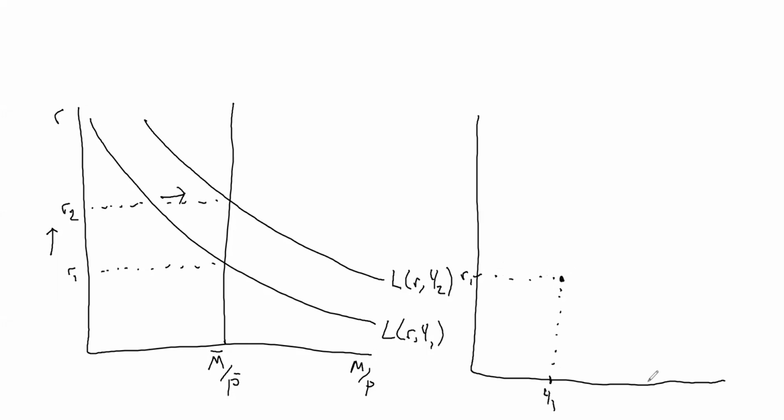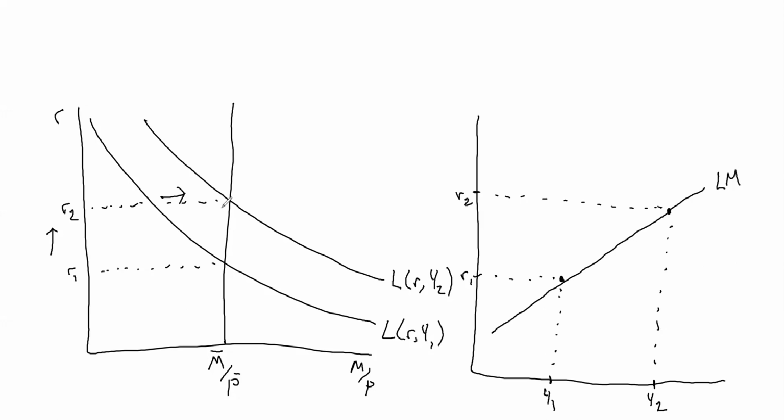But then income increased. We went up to point Y2 right here. And when we were at Y2, we increased to interest rate R2. And so we were now at this point here. And the connection of these 2 points, that's our LM curve.